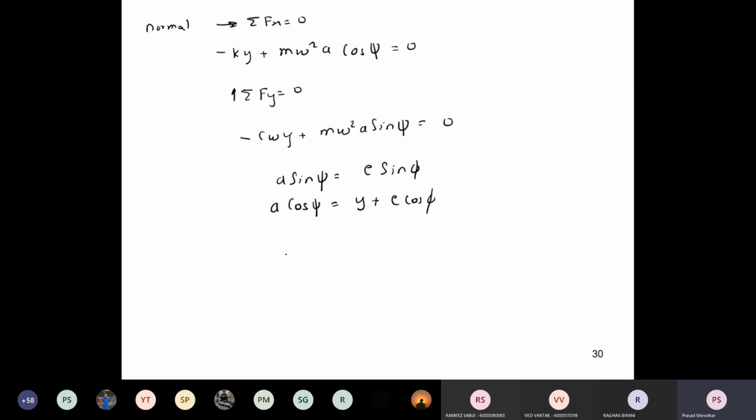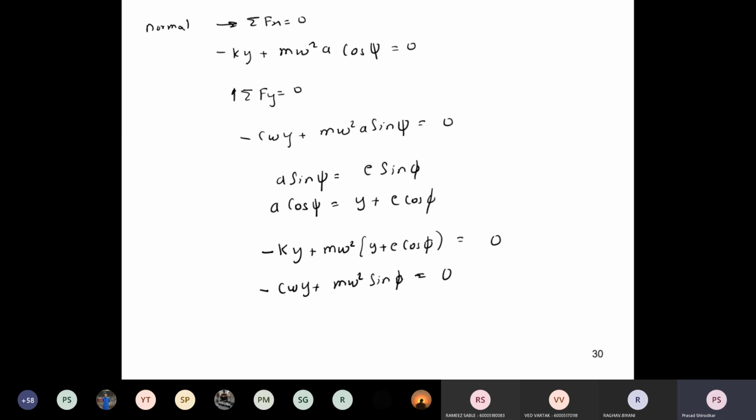So you have minus ky plus m omega square into y plus e cos phi is equal to 0, and c omega y plus m omega square e sin phi is equal to 0.